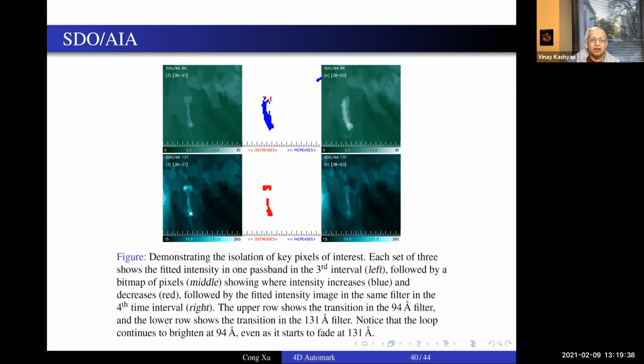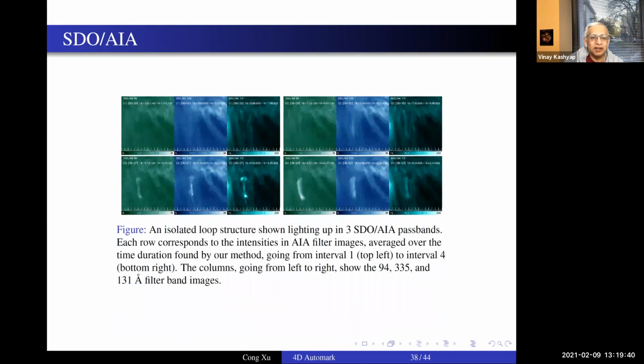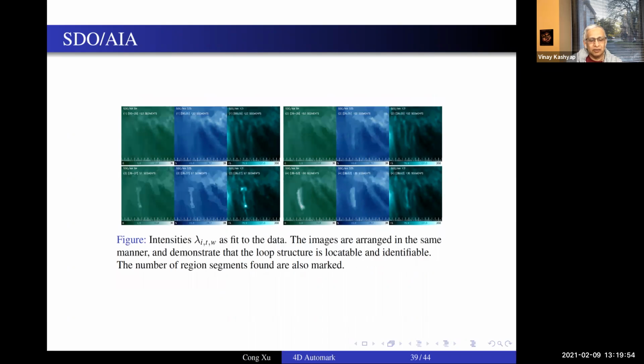The blurry, no, it is not. The blurriness is from the fitting, meaning that it's the original data or AIA directly. And then you find these segmentations, spatial segmentations.